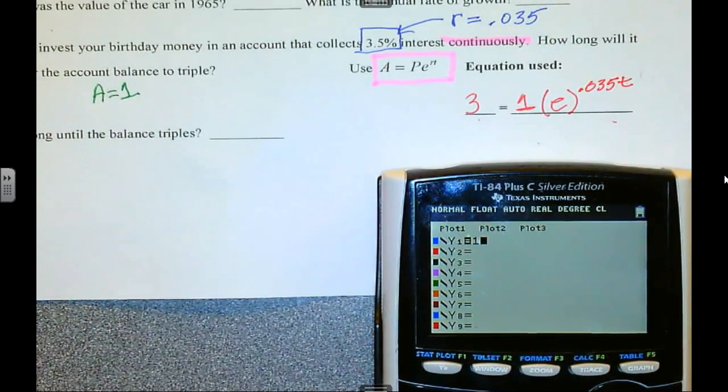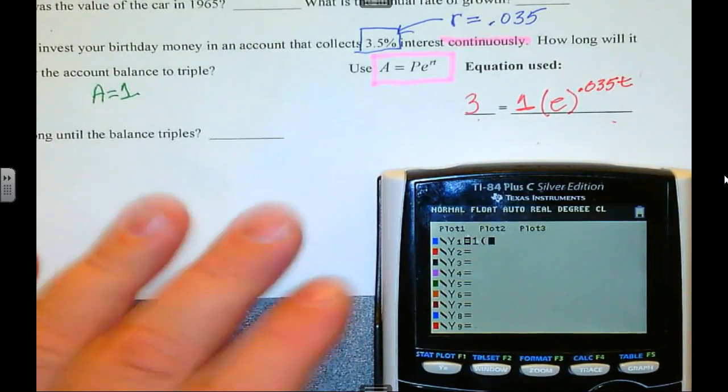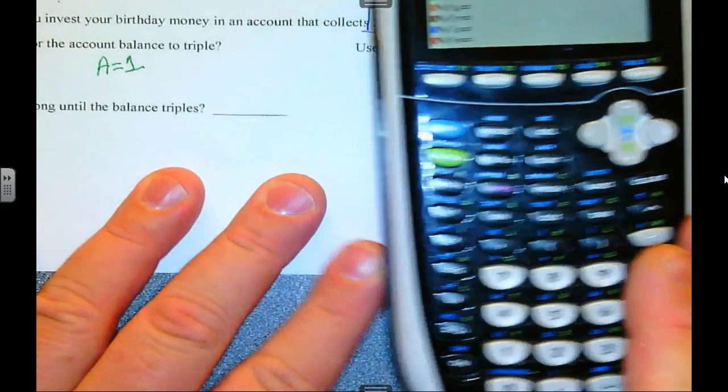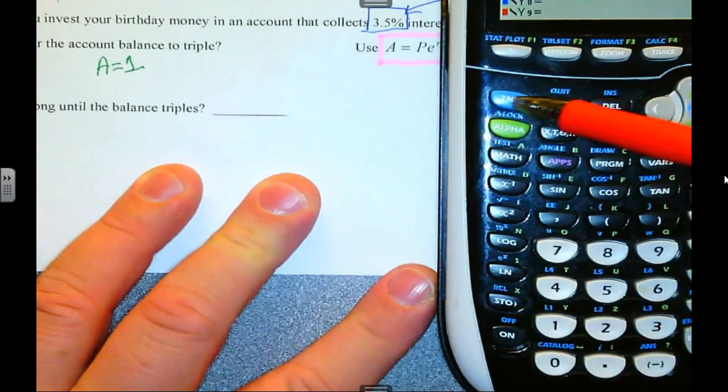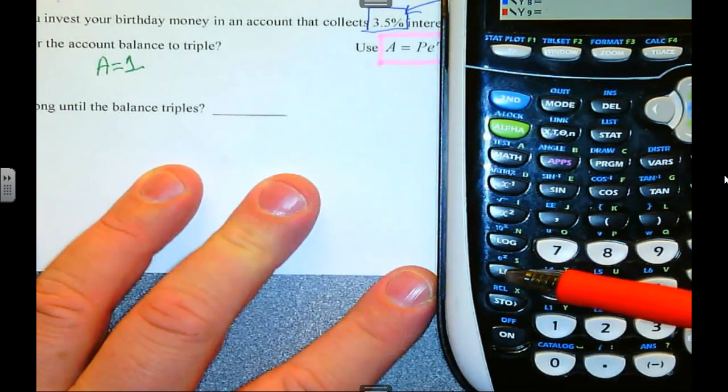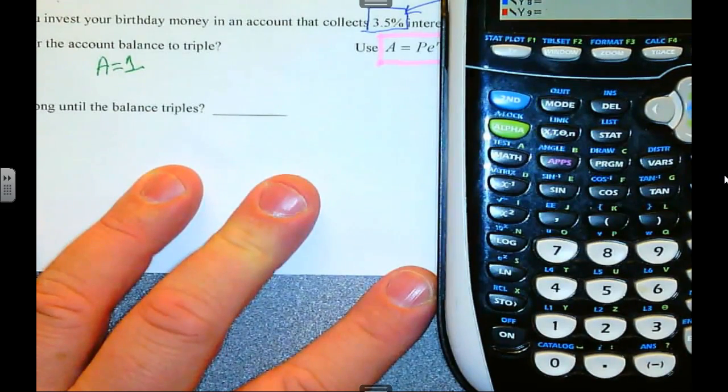Okay, 1 times e. Now, everybody see where the e key is? Hit your second key, and the ln key, see my e to the x there? Everybody get that?